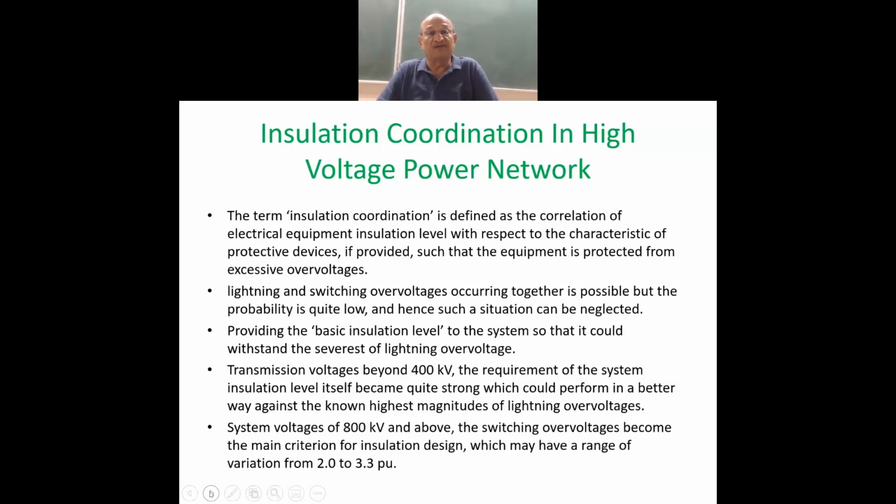Now, when the question is designing the level of insulation for individual gadgets, one of the most important gadgets, which involves a lot of insulation, is the power transformer. So what should be the basic level of insulation?